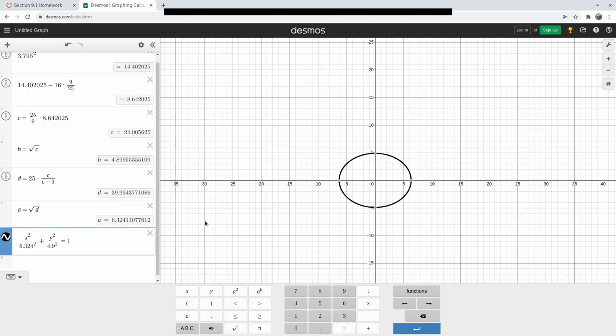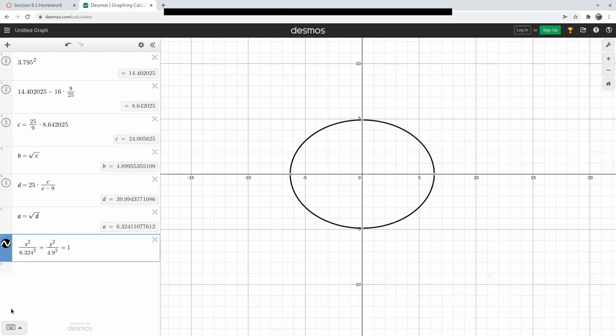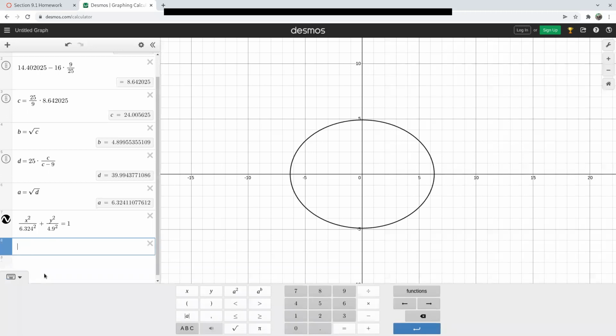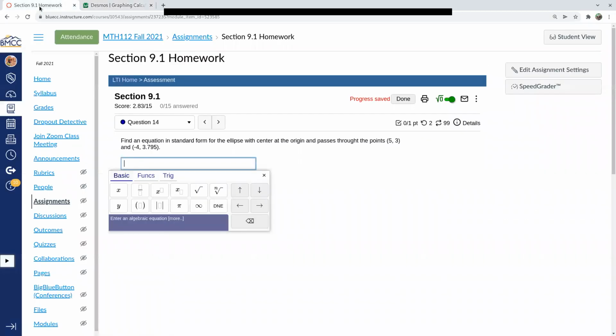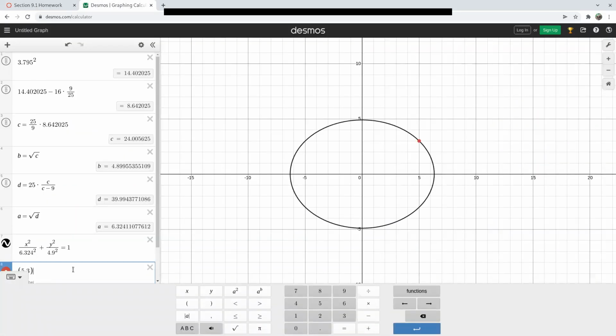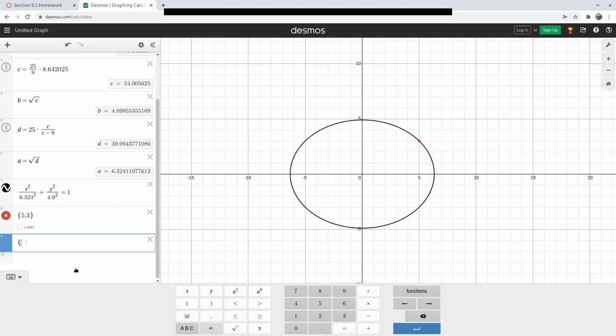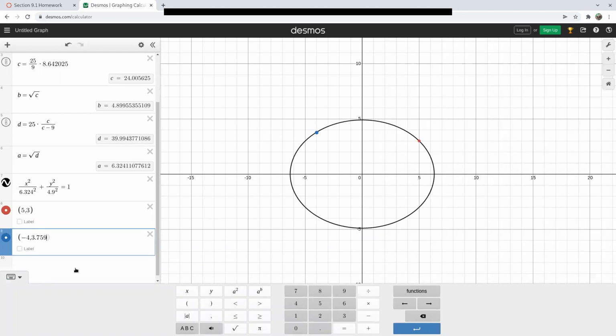And we should have the point about 5.3 on there. And that looks about right. Let's zoom in. If I plot the point, 5.3, it looks like it sits pretty close to on the ellipse. And the other point we had was what? -4, 3.795. Let's see if we got that one. -4, 3.759. And yeah, that looks like it's on there too.